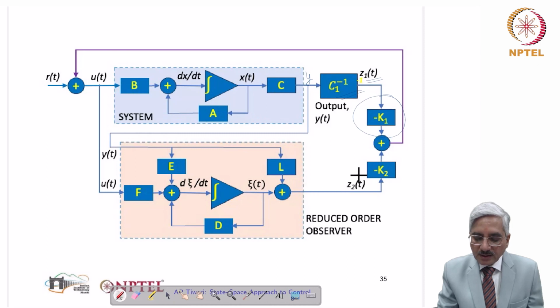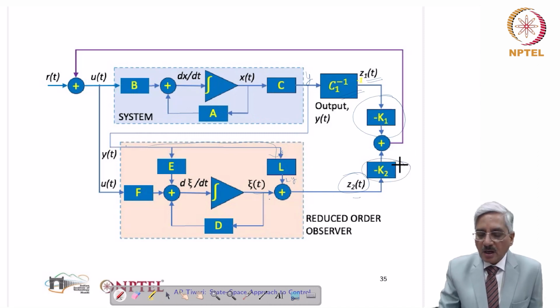and then this Z2, which is ly, this is y and ly comes here, this is ly plus xi is Z2, that multiplying through k2 added to this k1 Z1, this k2 Z2, and that sum is being fed back here.